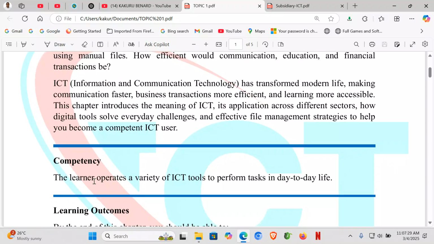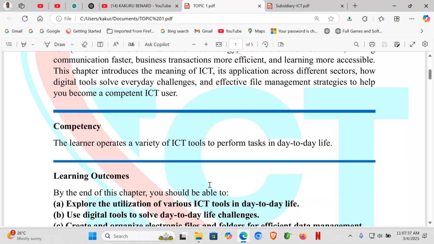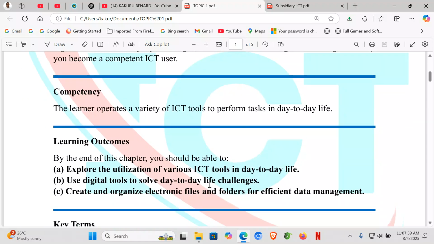Here, the competence: the learner operates a variety of ICT tools to perform tasks in day-to-day life. Then what are the learning outcomes in this topic? By the end of this chapter, you should be able to: A. Explore the utilization of various ICT tools in day-to-day life. B. Use digital tools to solve day-to-day life challenges.